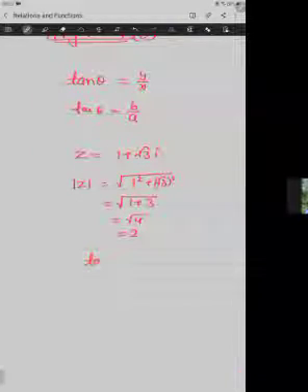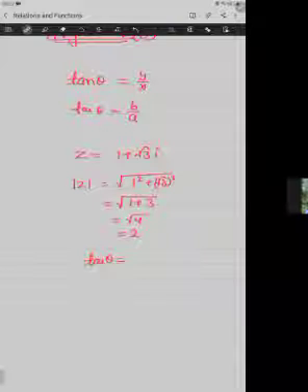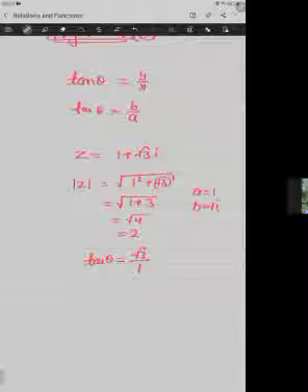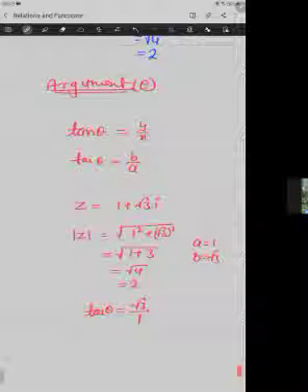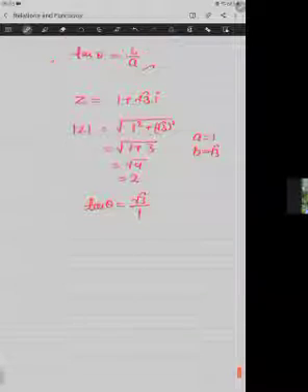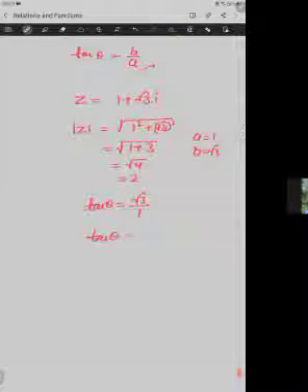So tan theta is b upon a. b is the coefficient of i, that is root 3, and a is the real part, that is 1. a equals 1, b equals root 3. Tan theta equals b upon a, so we get tan theta equals root 3.